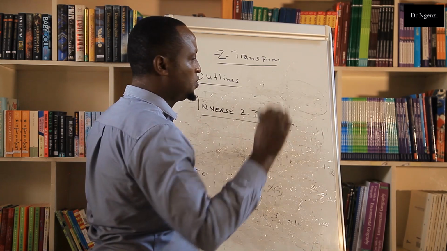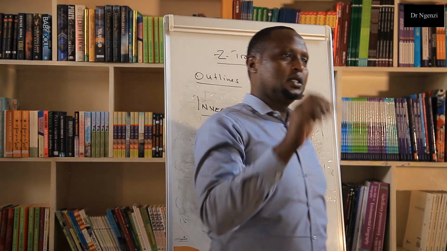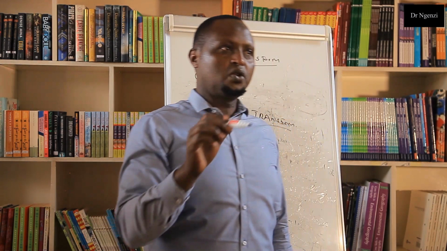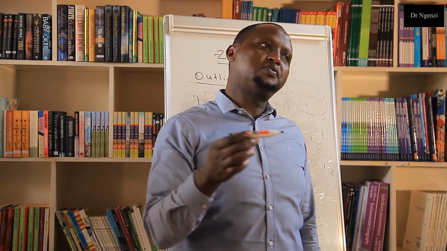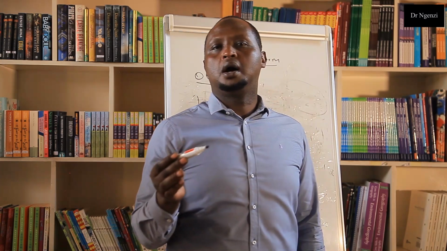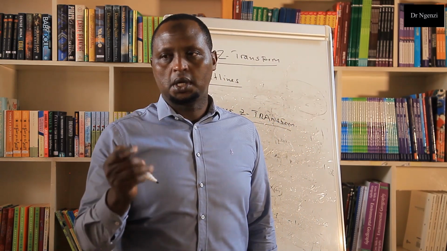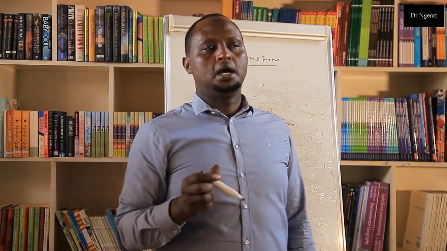Now remember we used to have big X of z. Now it's going to be a discrete value, whereby we will have x of n represented here.